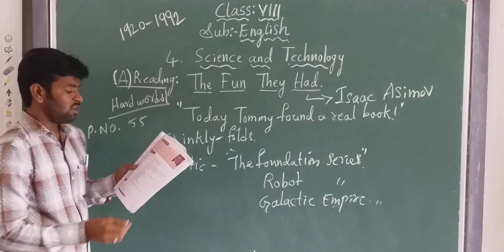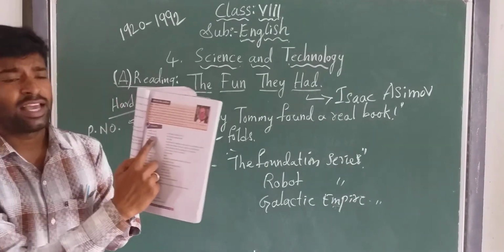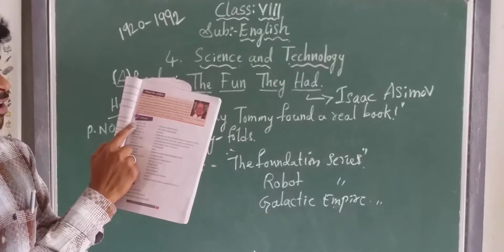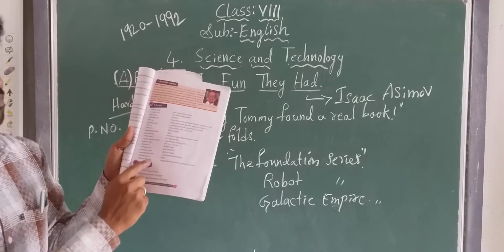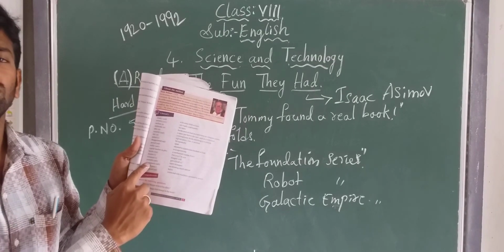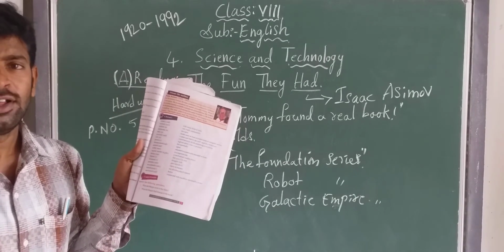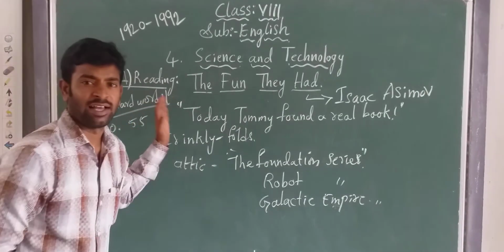The glossary is there, everybody is seeing the glossary. From the glossary, from the first meaning to the last meaning, whatever words are there, all these words you should write as difficult words in your notebook. Understood all? So with this I am ending my class. Thank you.